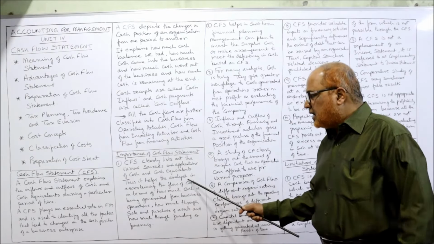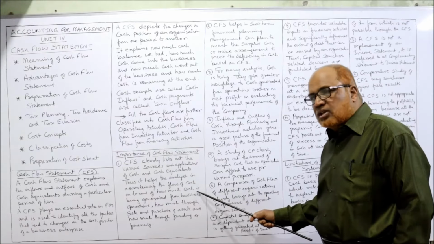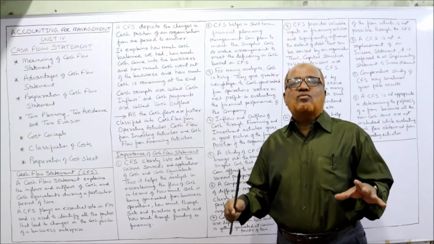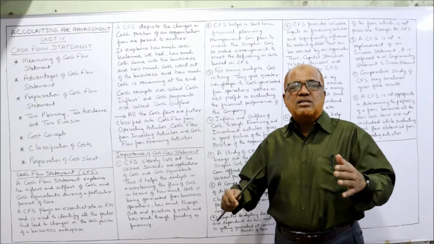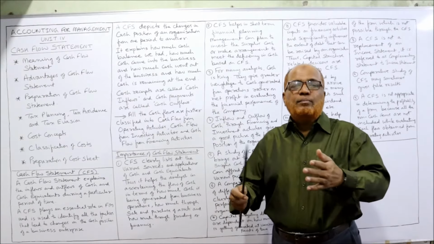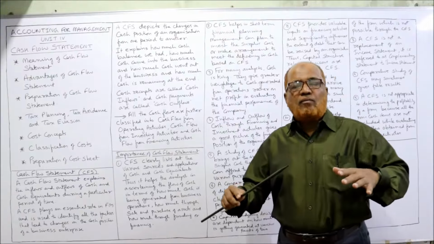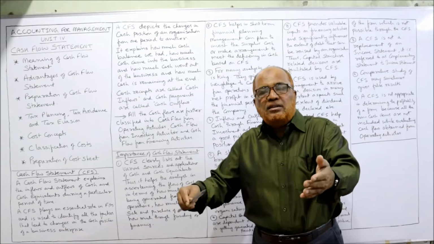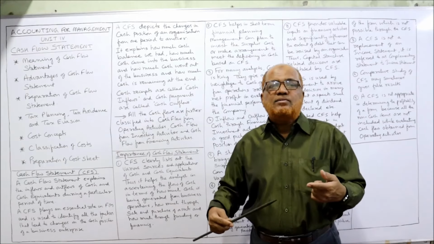Thus it helps the analyst in ascertaining the cash flow in terms of how much cash is being generated from business operations. So this cash flow statement will explain how much cash is generated from the operations of the business. The business will conduct a number of activities like purchasing the goods, selling the goods, paying the expenses, receiving the income. All these are operating activities.